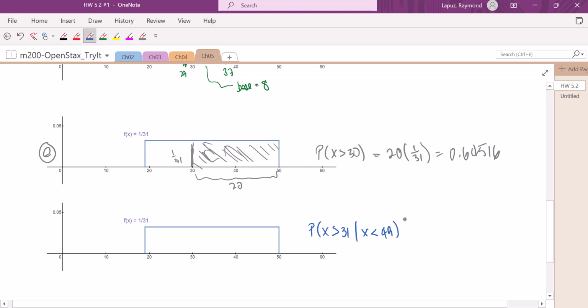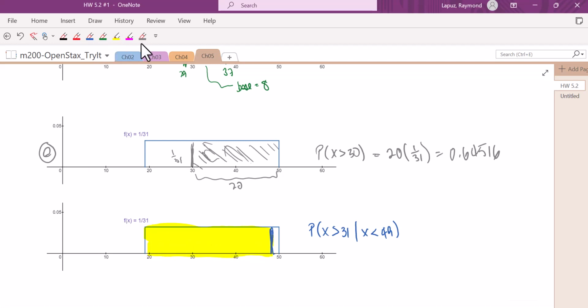So what we want to do is look at a new denominator, a new basis for a denominator, and x is less than 49. So given this, let's do a highlighter color for that, this is going to be my new sample space, so to speak.